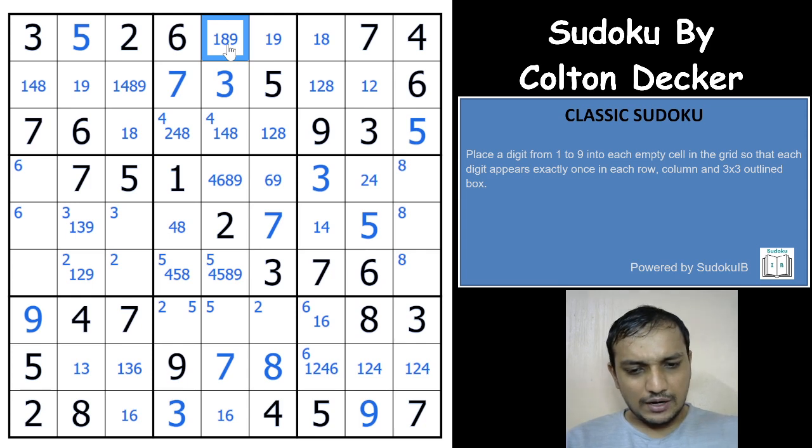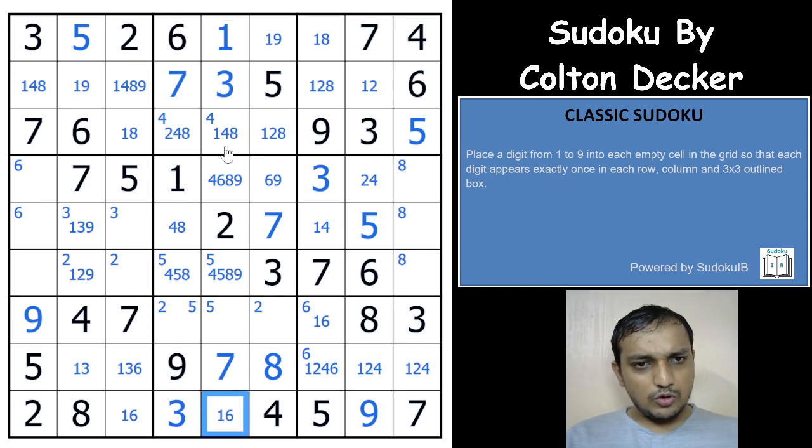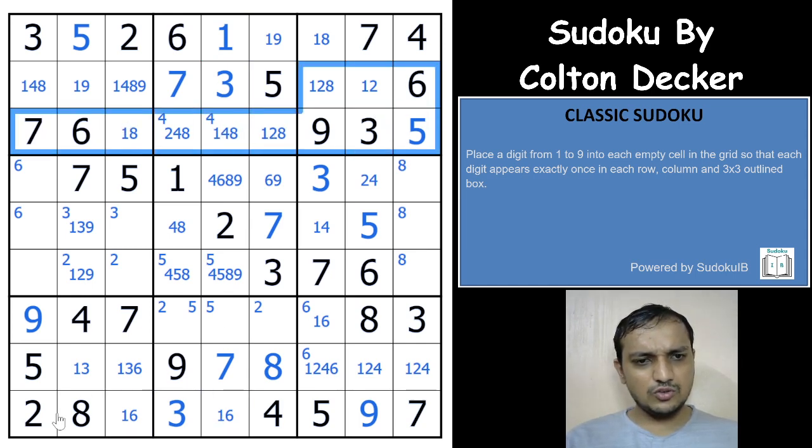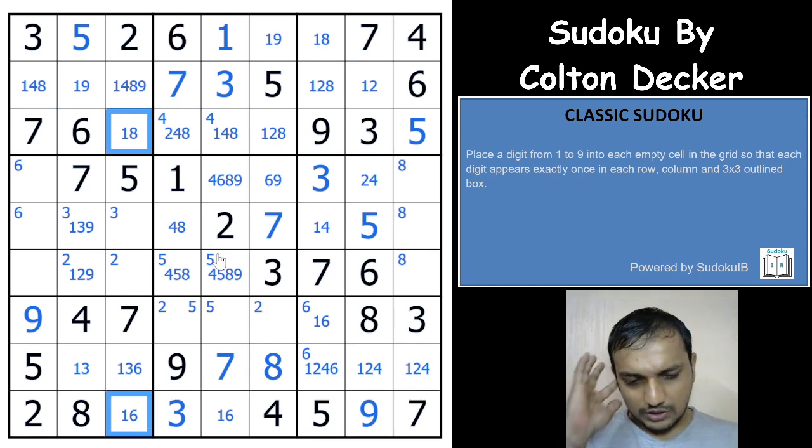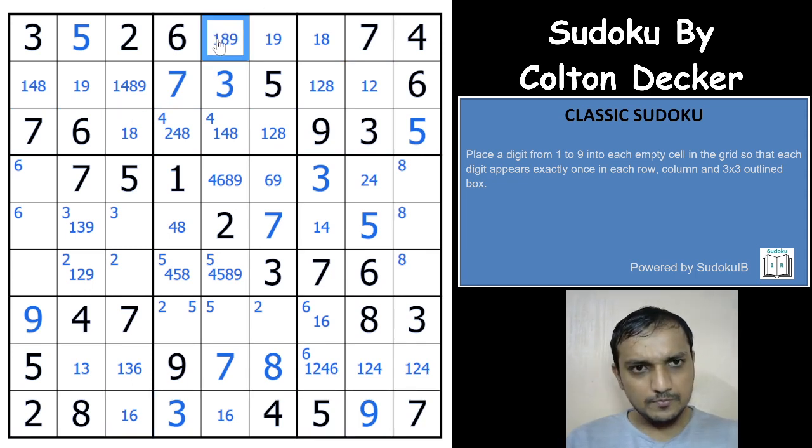If this cell is a 1, right, if this cell is a 1, both in these rows ones are eliminated from these 3 cells, which means in this row and in this row 1 would have to be in these 2 cells. Of course not possible, right? So this cell cannot be a 1.